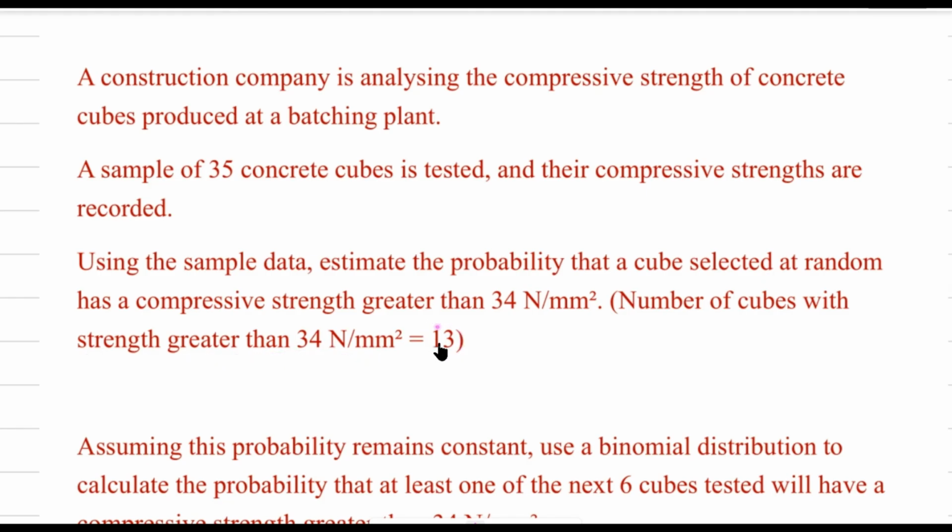So 13 samples have already been shown to have a compressive strength above 34 megapascal. This is the number of successes, and the total number of samples was 35. So from these values, 35 total and 13 succeeded in being above 34 megapascals, we can calculate the probability.